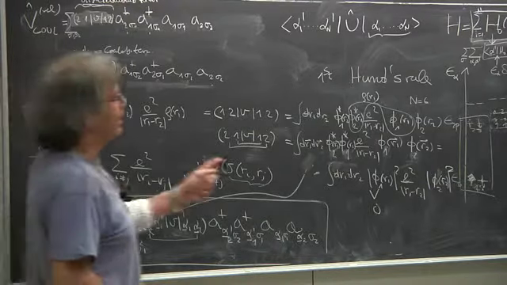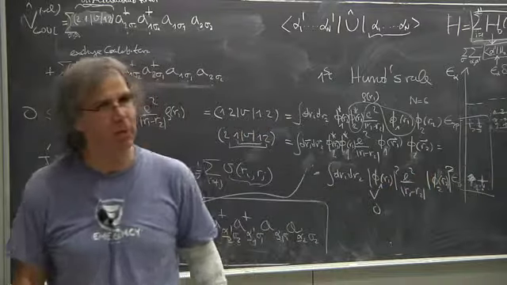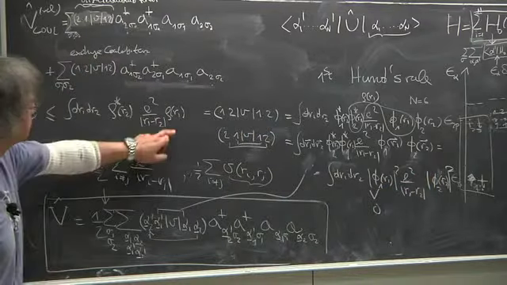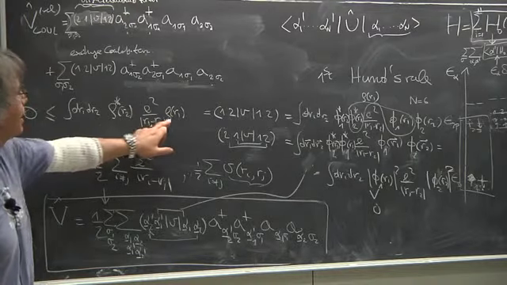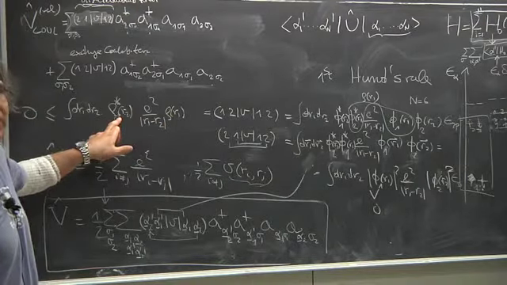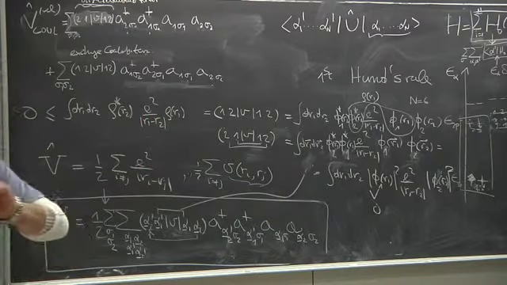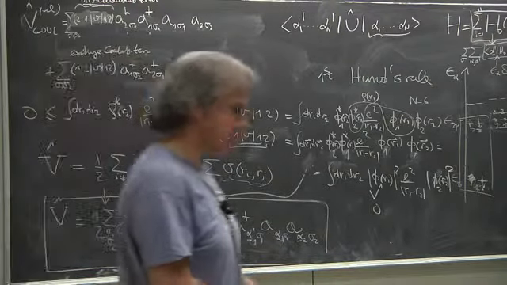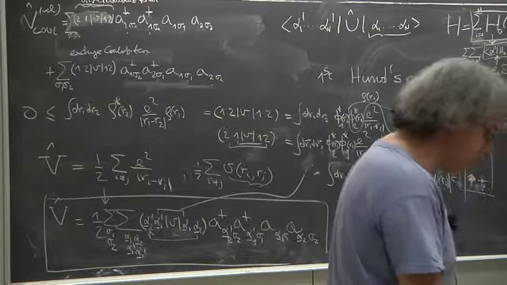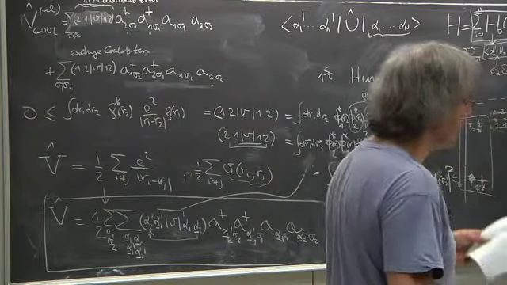This, you just look at, everything is real, everything is positive, integral must be positive. Here, this is positive, but this is a complex quantity in general, times its star, okay? So it's the self-interaction of a kind of complex charge distribution. Nevertheless, you can prove that this is still real. Real and positive. The way you prove it is the following.